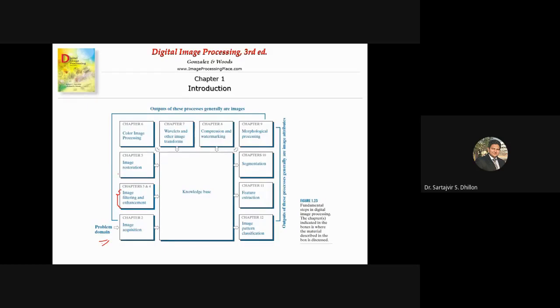Another important point, the third step involved in digital image processing, is image restoration. As we know, we have acquired the image.